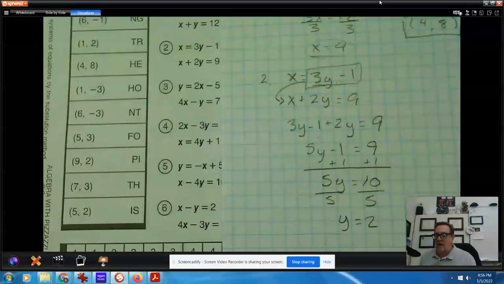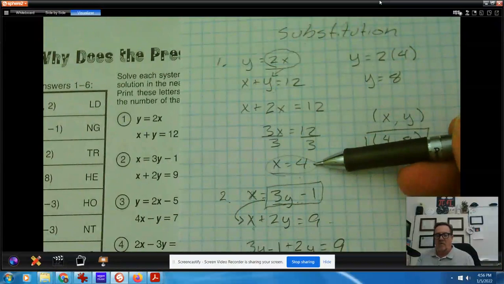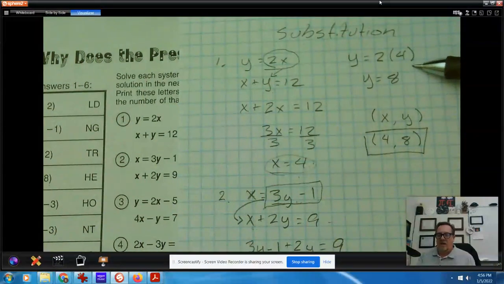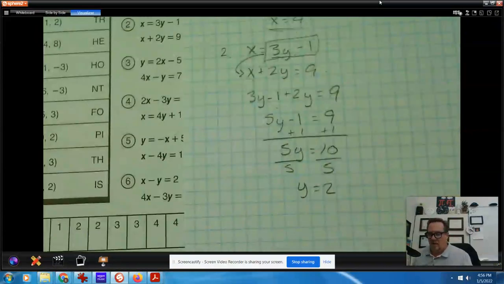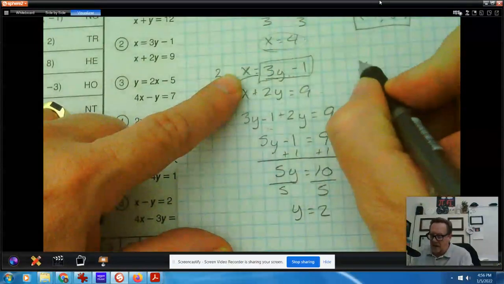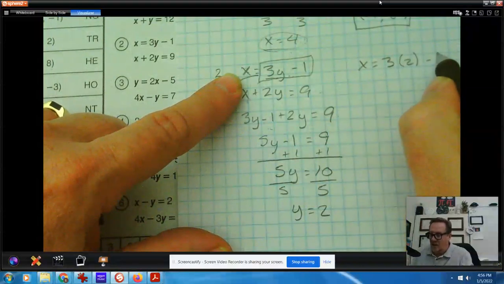Okay? Again, I'm not quite done. Remember, in the first problem, we found out what one of the variables was, and then what did we do? Well, we substituted in the other equation what we found the value to be. We're going to do the same thing down here. Since y is 2, I'm going to come back up here and say, well, x is equal to 3 times 2 minus 1.